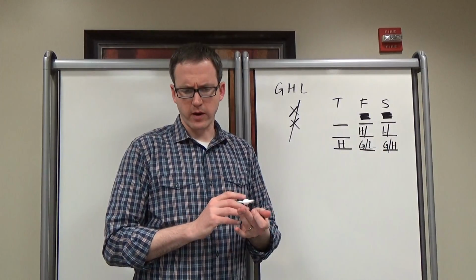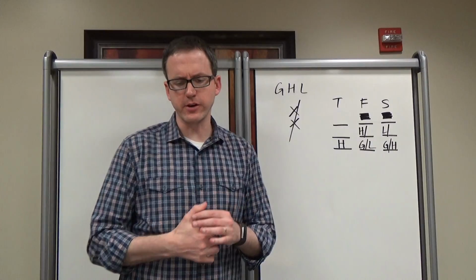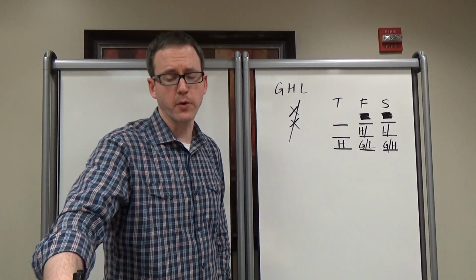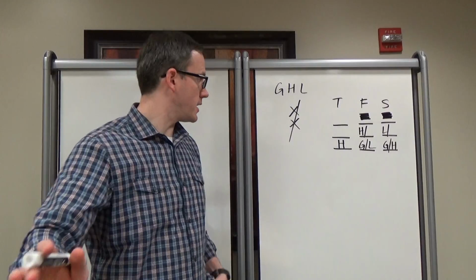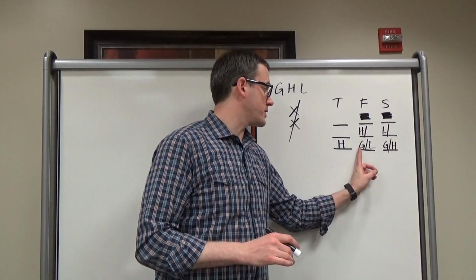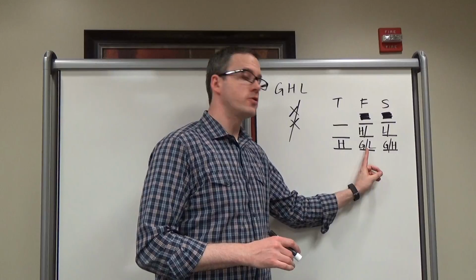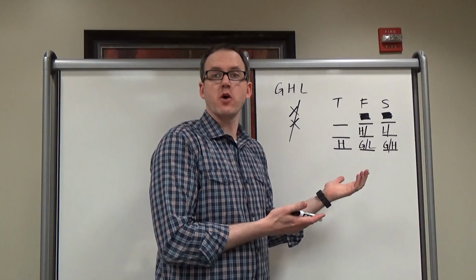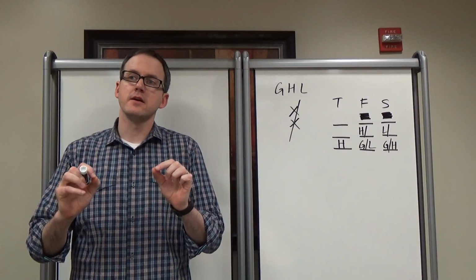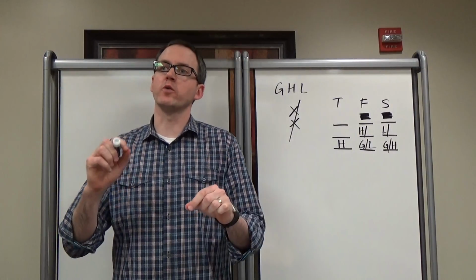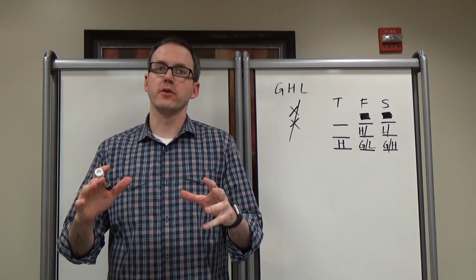One thing about this, by the way, when it says either G or L but not both, that "but not both" is really important. Because if they didn't say that, then you would have to write G or L down here, but you could have the other one show up. A lot of people look at the word "either" and they think that it means only one or the other, not both.